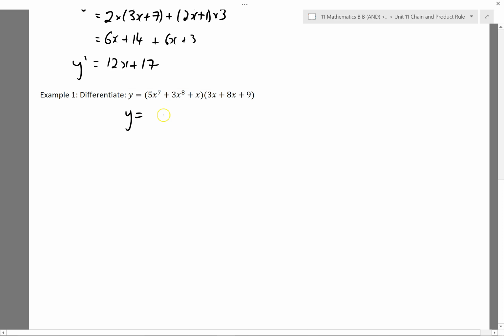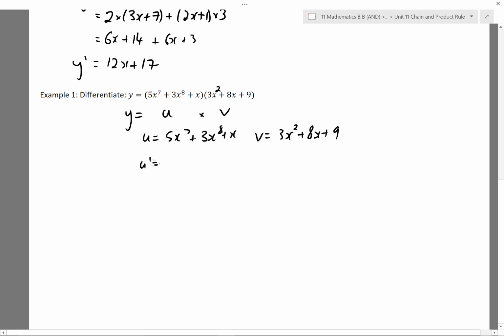So instead, I'll make this u multiplied by v. I'll list what u is. I'll list what v is. That should be 3x squared. So we'll use 3x squared all the way.